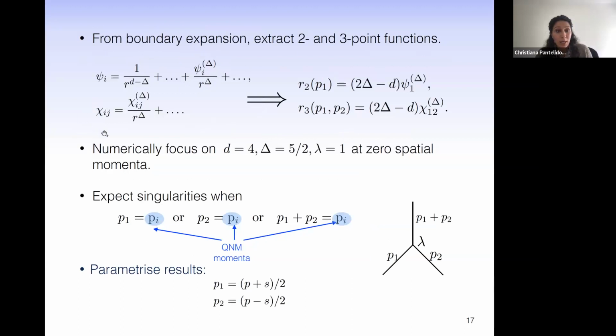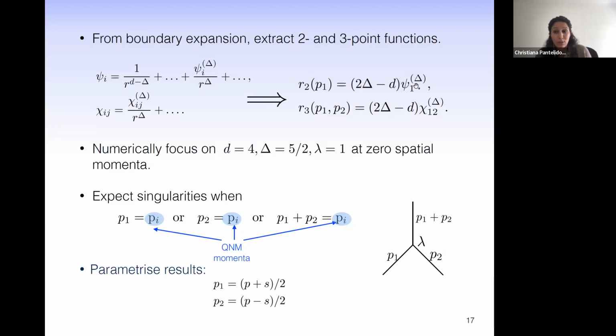And chi1,2 does not have a source. As we said earlier, we want to just measure the response of this field, but it does acquire a vev, which I denote here by chi ij delta. Having this UV boundary expansion, the retarded 2-point function is controlled by psi1 or by psi2.